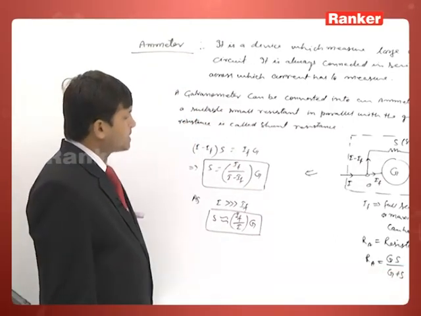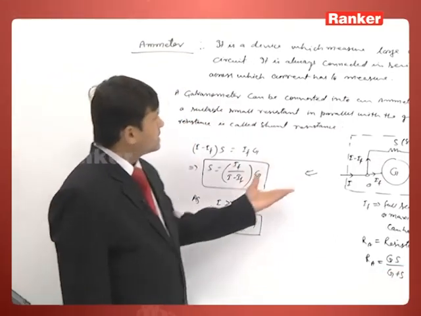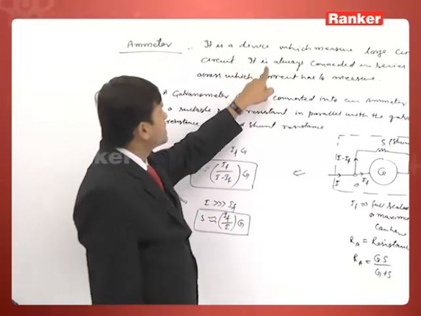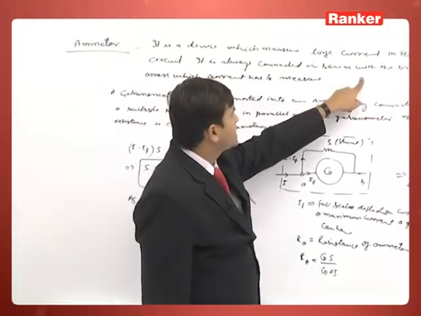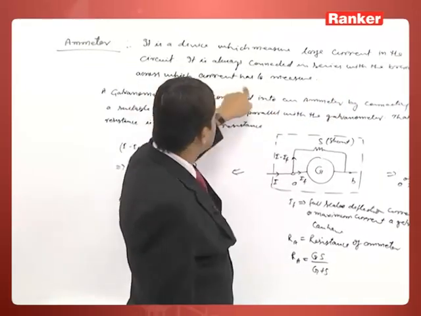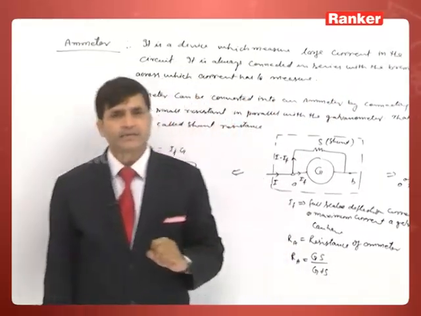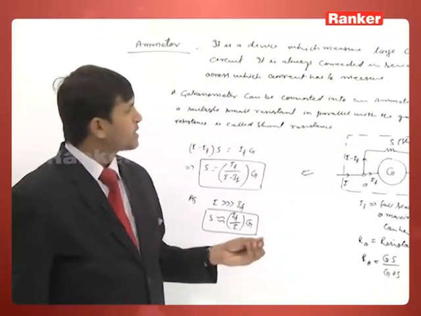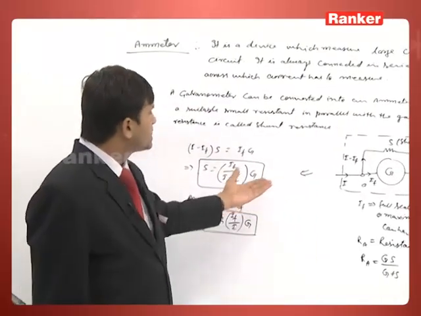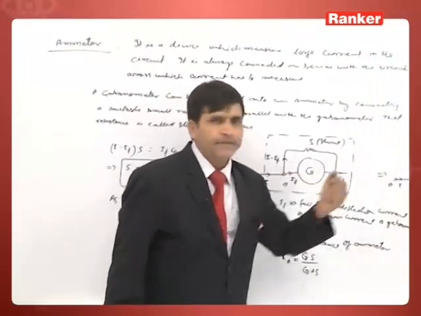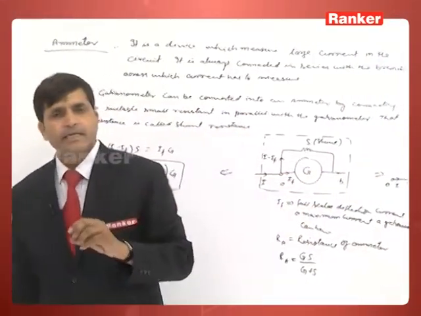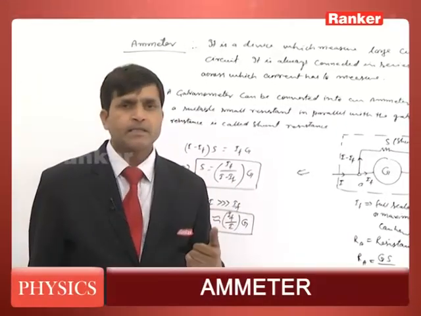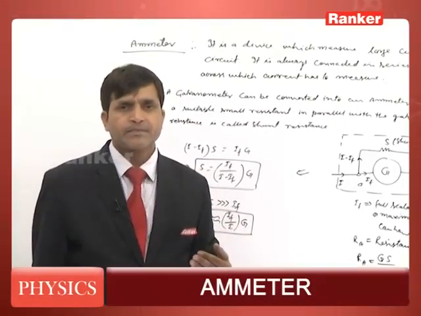This device is also connected in series with the branch across which current has to be measured. When we connect any device in series, since it has some resistance RA, connecting an ammeter in series increases the resistance of that circuit.